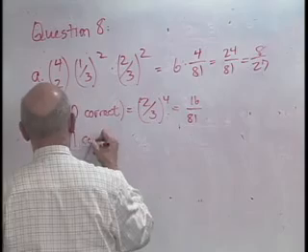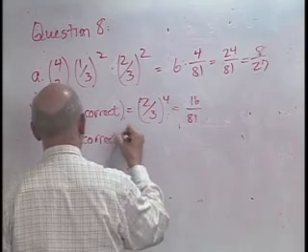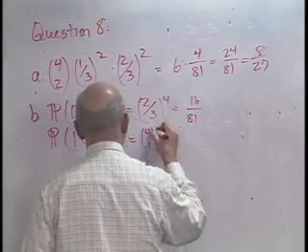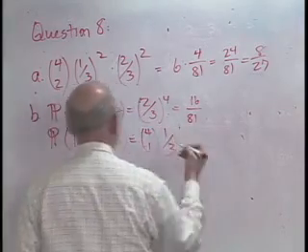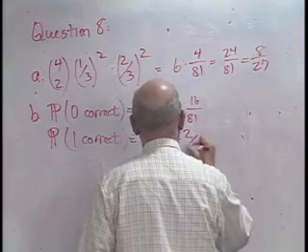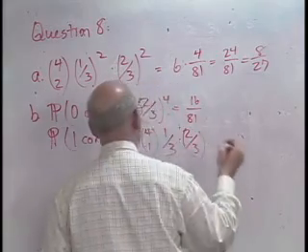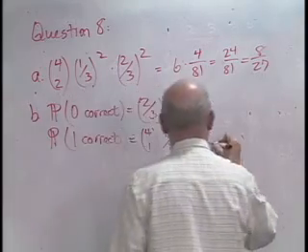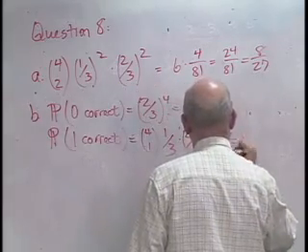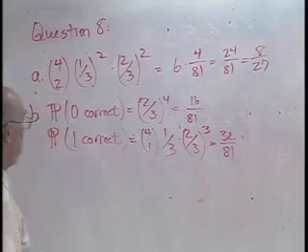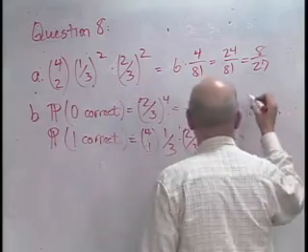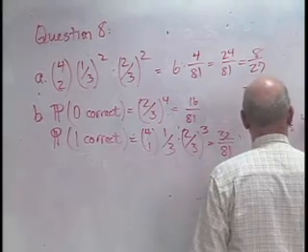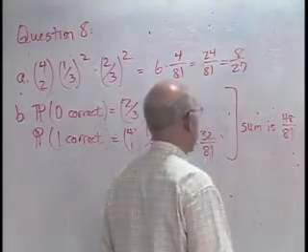And the probability of getting 1 correct is 4 choose 1 for the question the student gets correct, times the probability of 1/3 of getting it correct, times 2/3 cubed for getting the other 3 wrong, and that's equal to 32 over 81. And the sum is 48 over 81.